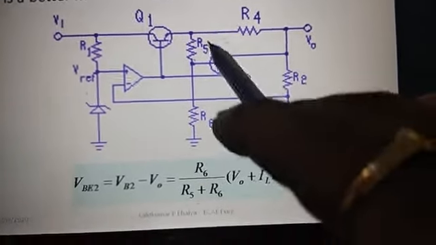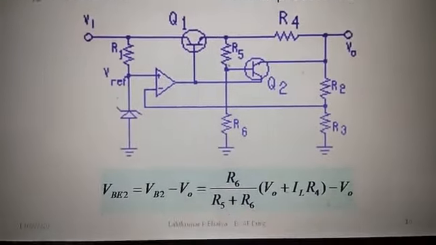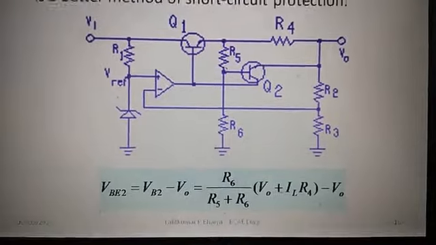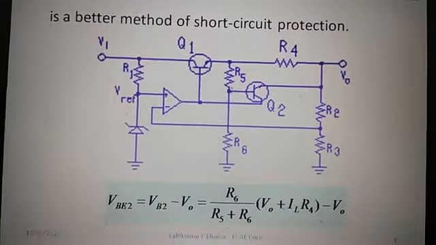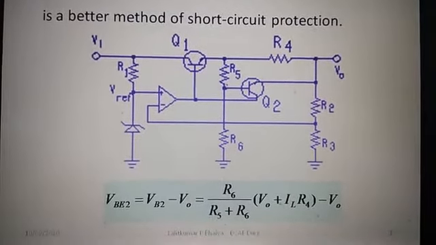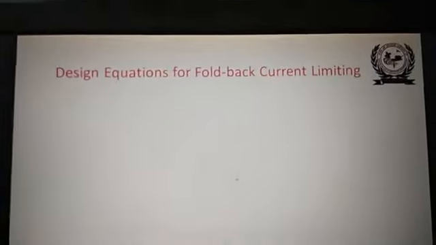The load current is this one here. IL into R4 minus this V0. So this is the base to emitter voltage in this fold back circuit protection. So this circuit is important here.